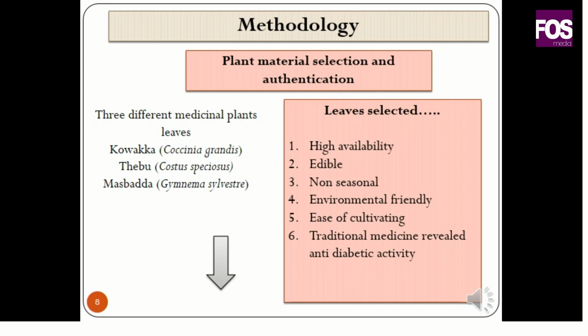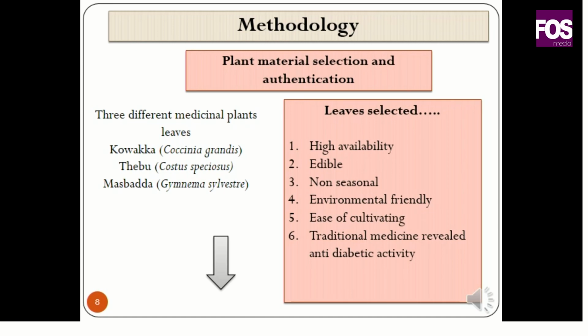Specially, I selected these leaves due to their high availability, non-toxicity, being edible, not seasonal, available year-round, not harming the whole plant, environmentally friendly, and ease of cultivation. In traditional medicine, they are recognized for anti-glycation activity.